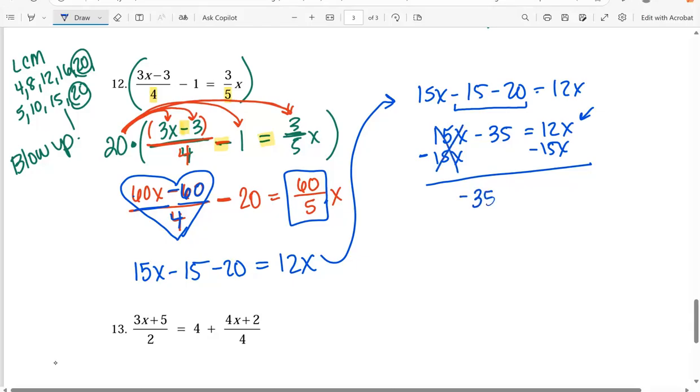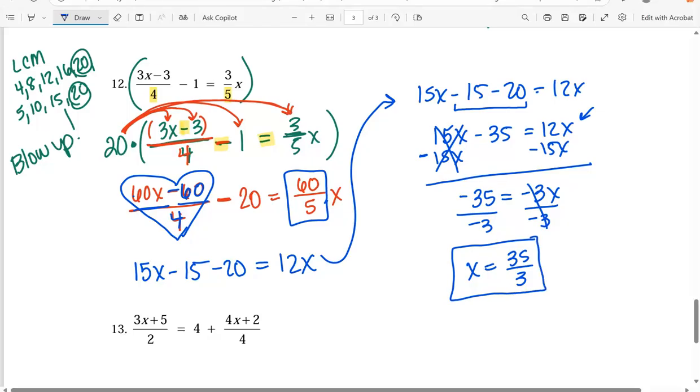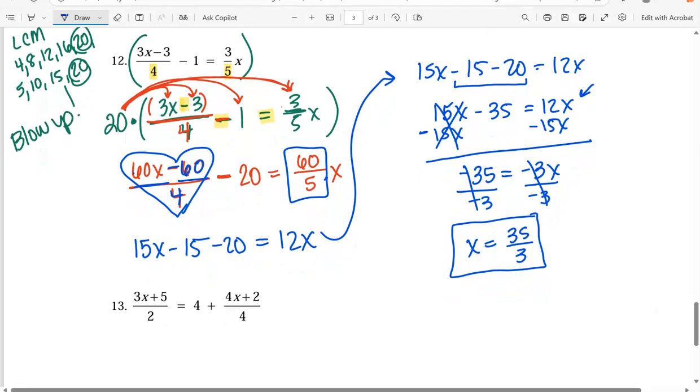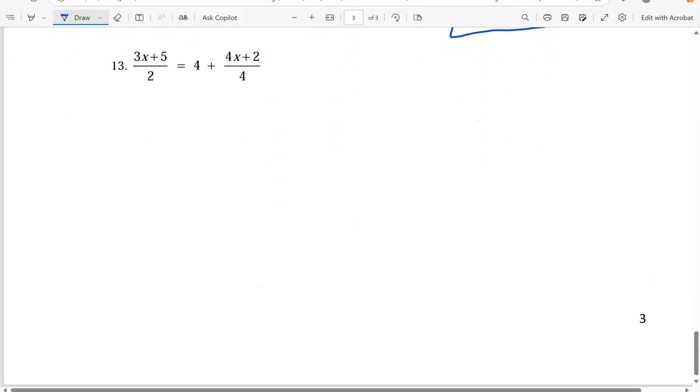Leaving me negative 35 equals negative 3x. Break away the negative 3 by dividing, giving me x equals 35 thirds, which will not reduce, but my negatives cancel out. Whew, it's a process, but it's the same process every time.